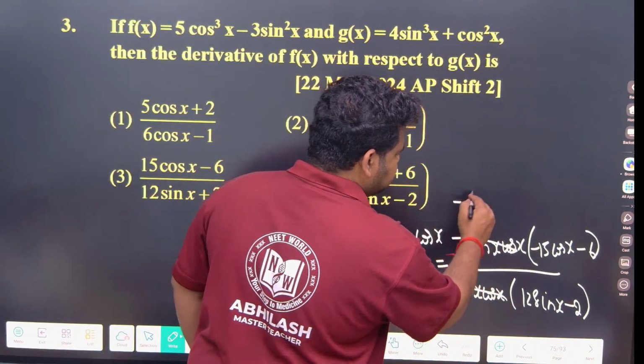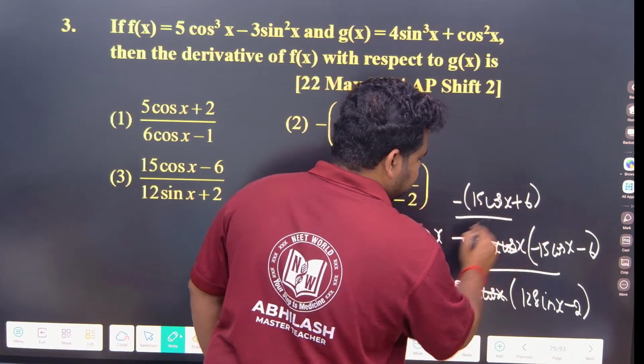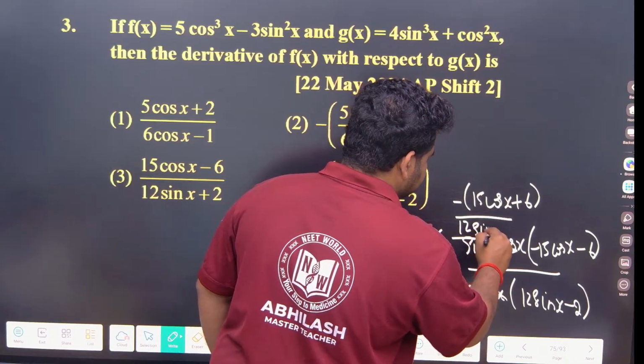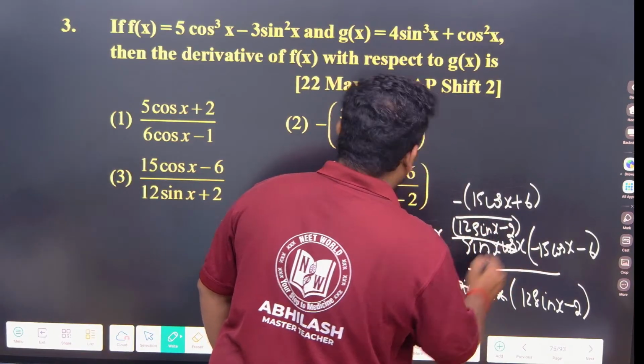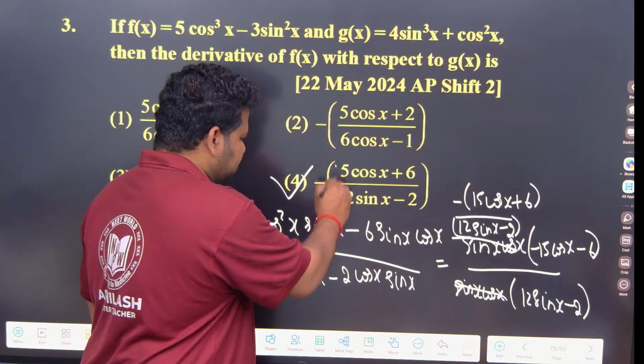So minus 15 cos x plus 6, if I take minus outside, this will be 12 sin x minus 2. What is the answer? The answer is option 4. Actually this should be 15.